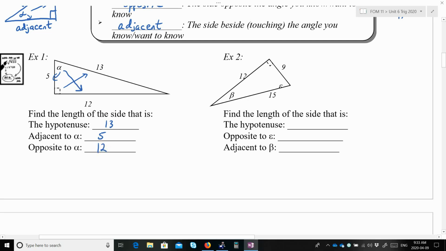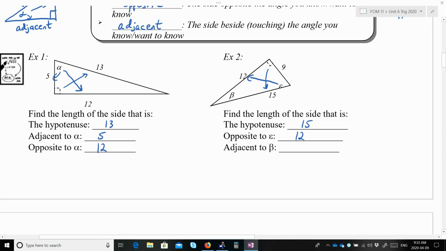Let's try example 2. Find the length of the side that is the hypotenuse. Across from the 90 degrees is 15. Opposite to epsilon, that's the little Greek letter epsilon, is straight across from epsilon, and that is 12.